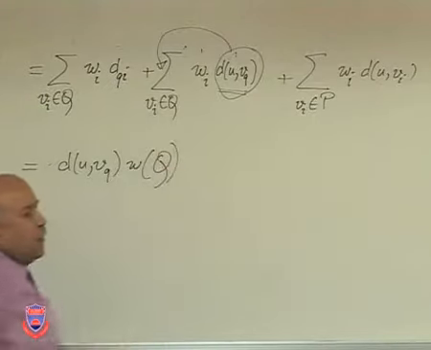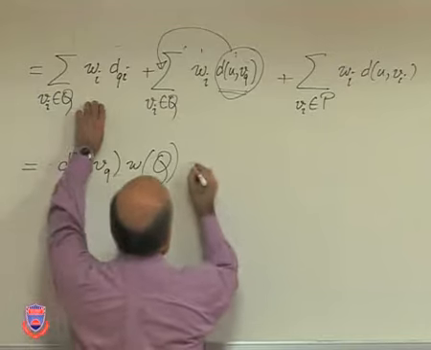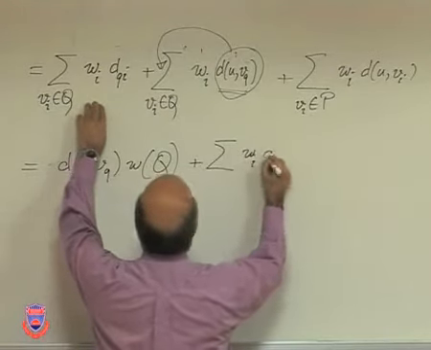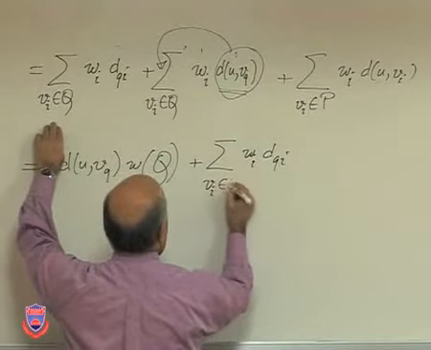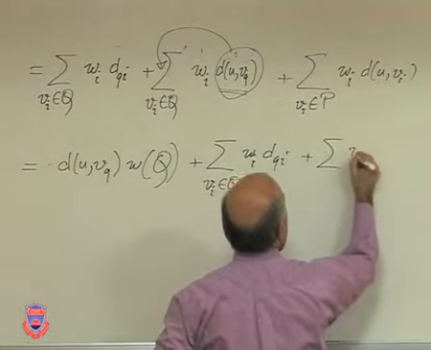The summation that remains gives you the total weight on q. Plus, you've got this one, and you've got that one.